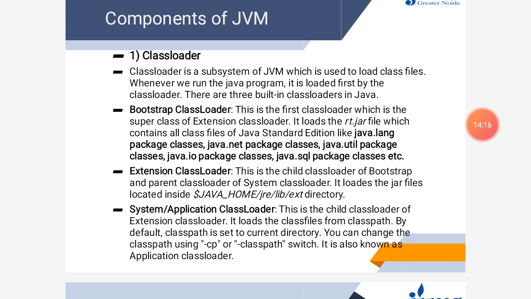Definitions are present in the java.lang package, which contains packages, classes, and various other utilities. First Bootstrap class loader is called, then extension, and then the third one is the system application class loader.